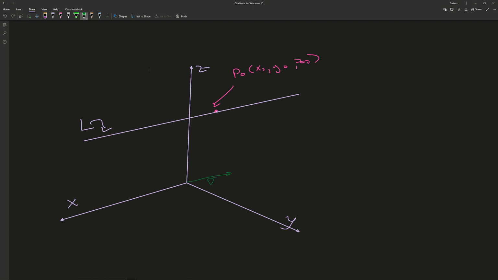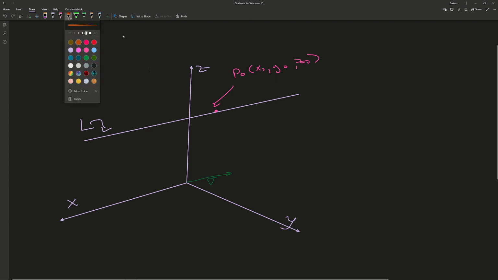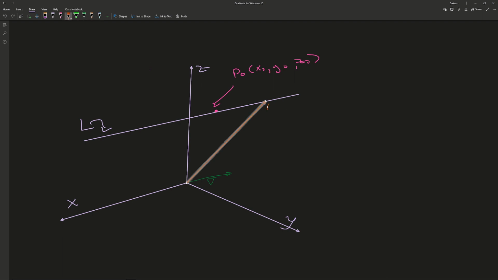Now this point here is P0, X0, Y0, Z0. We're going to take another point from here. This point is also going to be on L. Let's say this is P, this is X, Y, Z.